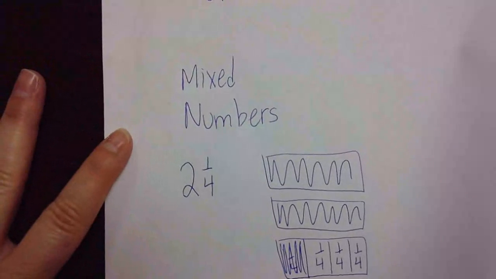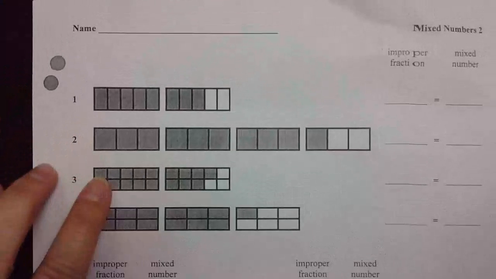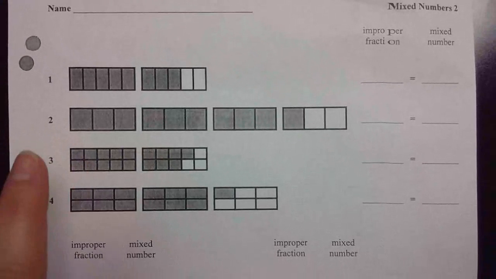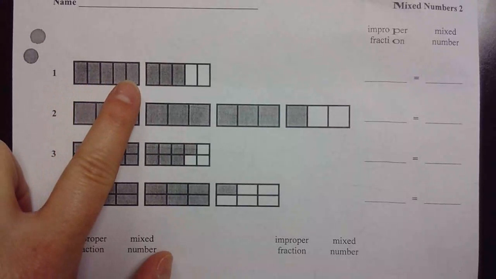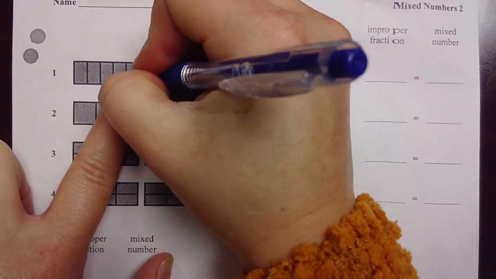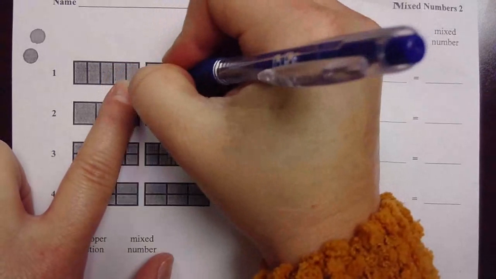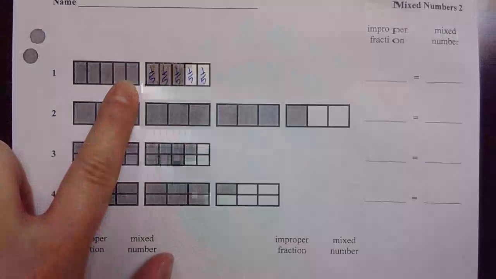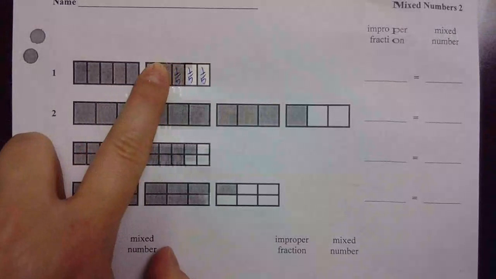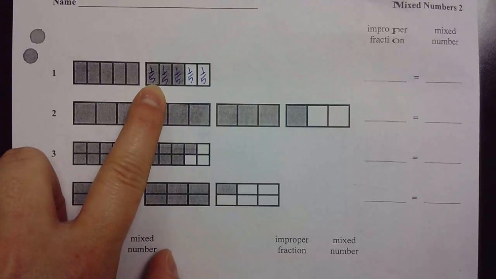Okay, let's take a look at the models that they give us. So take a look at number 1. If you'll take a look at that first model, they have 1, 2, 3, 4, 5. They have 5 shaded out of 5. So that's 1 whole, and that'd be fifths. So I have 1 whole and how much of my second model? 3 of the 5.